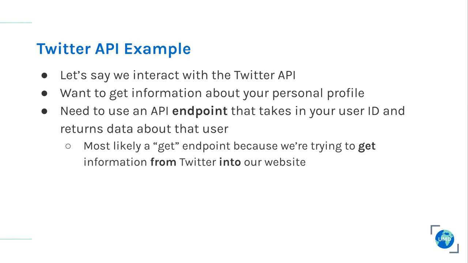Most likely, you will always be using GET, the HTTP request of type GET, because we're trying to get information from the Twitter API into our website and not trying to post anything there. If you were to create custom APIs in the future for your web applications, then you will likely also use a POST request.